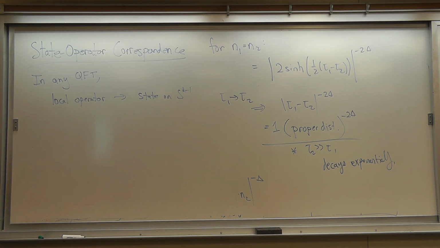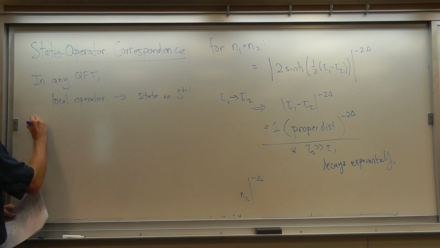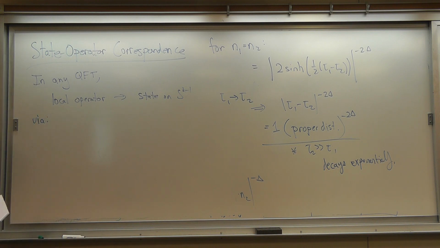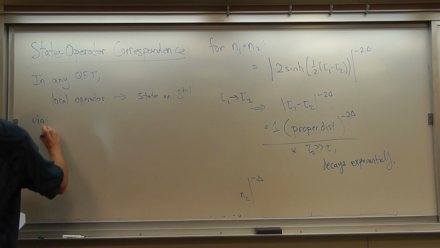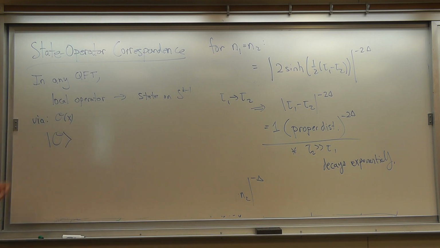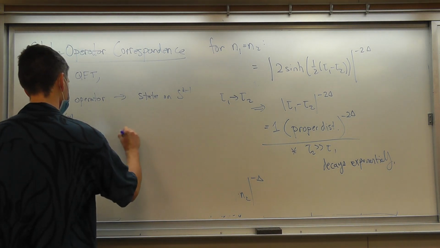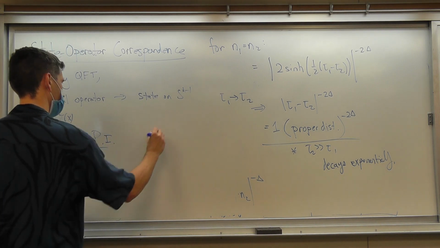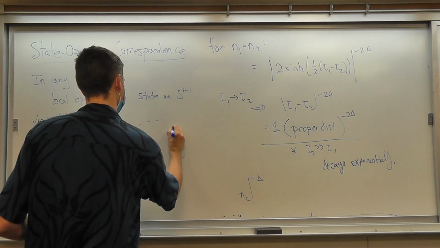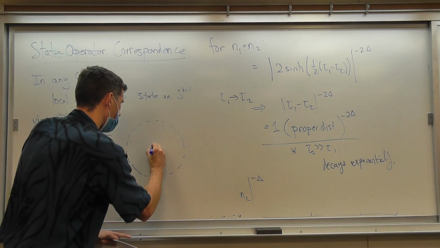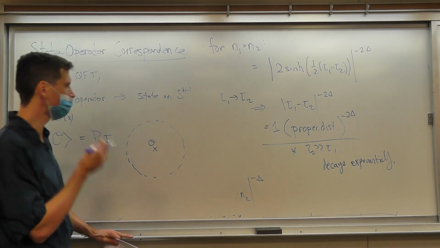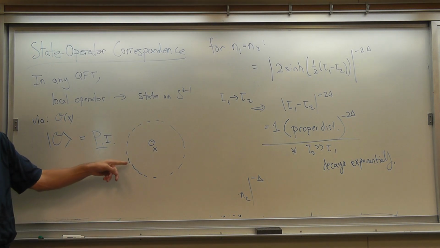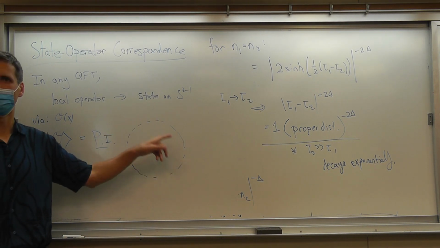This is a consequence of all of our discussion of path integrals, because we can define that state as follows. For an operator O(x), we define a state, ket O, which is the path integral with the operator O inserted at the origin, and then you do the path integral inside the ball.